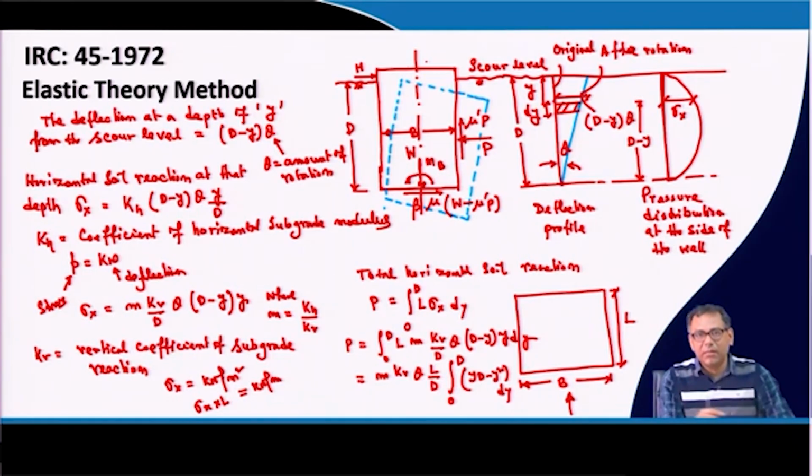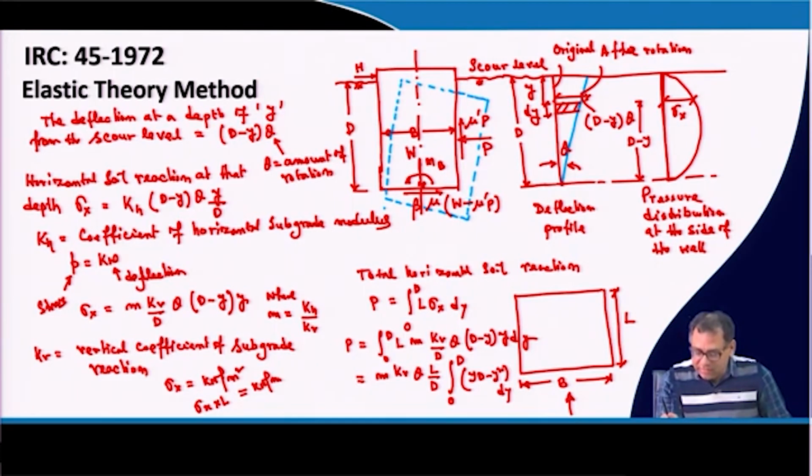Then what are the moments which are acting in the opposite direction to M? That moment is Mb, which is due to the base soil reaction, that is counterbalancing the applied moment. Then the moment due to P, which is the force due to the side soil reaction. Then, because of the mu dash P, which is due to the friction between the side wall and the soil.